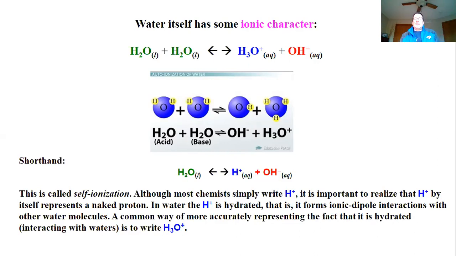And again, water is the basis for judging pH, is the best way to say it, because of the changes here. Self-ionization, don't worry about naked protons and ionic dipole. All that is talking about is how this is attracted to giving a hydrogen to here and stuff along that line. Okay. This is the big key idea.